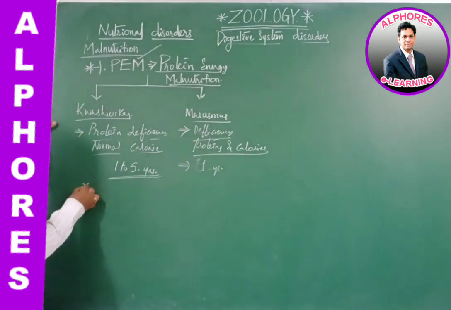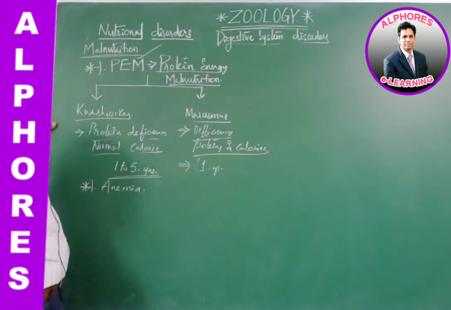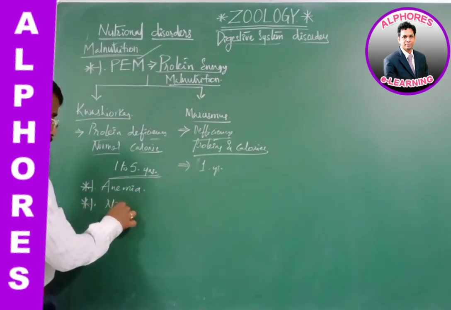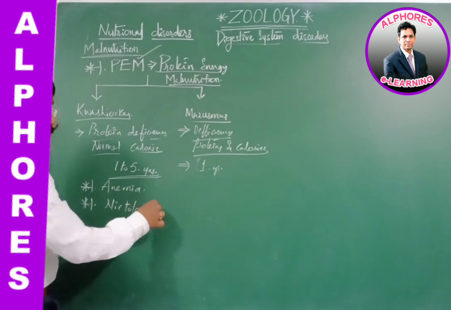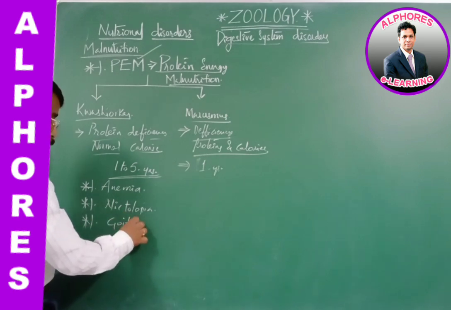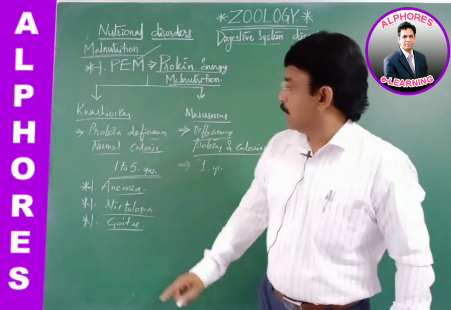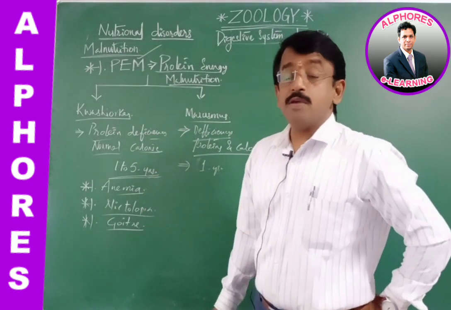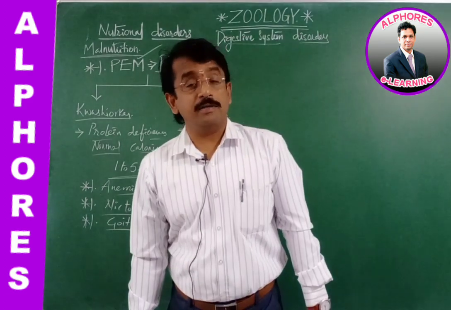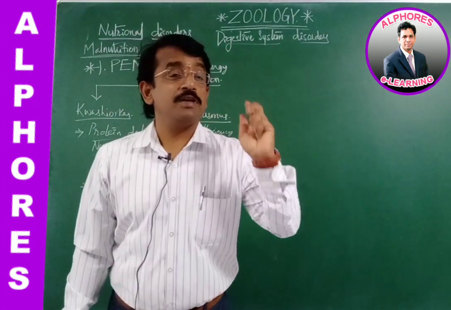The second one we move on to is anemia. Next, nyctalopia and goiter. These are the nutrients I am referring to. Anemia means deficiency of iron content in our food, and this nutrient is very important.